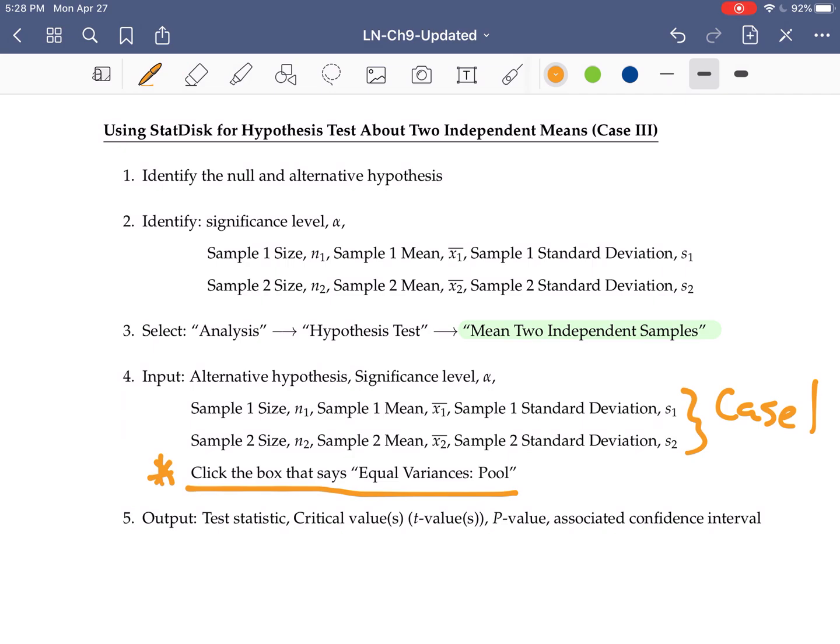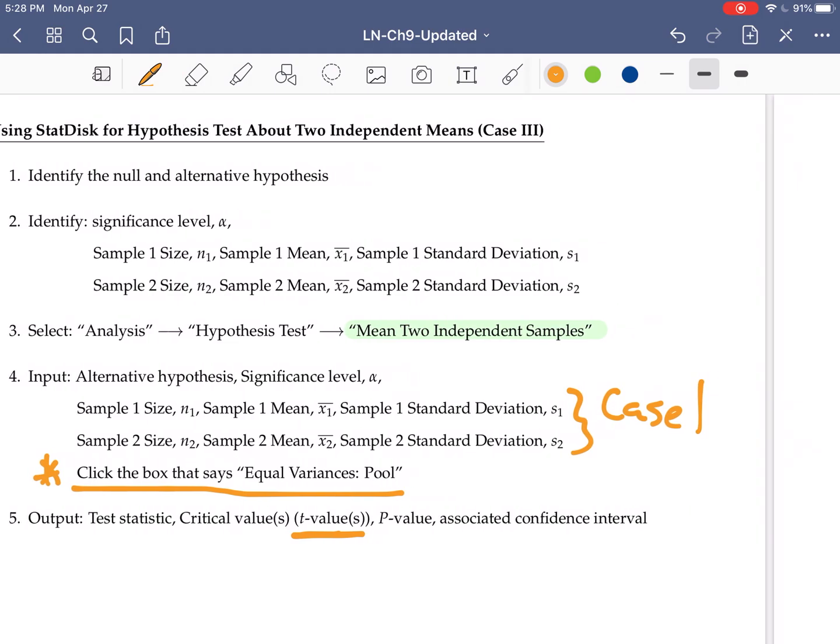There's a box that says equal variances pool. We are going to click that box. That's the only way it's going to be different from what we did in case 1 in terms of using StatDisk. The t-values that are output will be a little bit different.